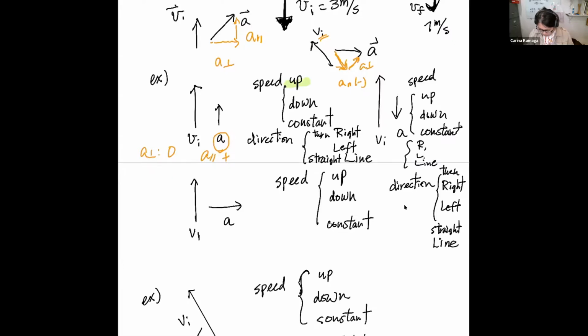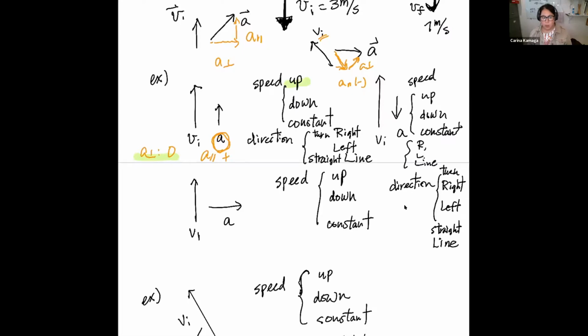So knowing these two examples, in the first example A perpendicular is 0. Acceleration that's perpendicular to the velocity implies a change in direction.